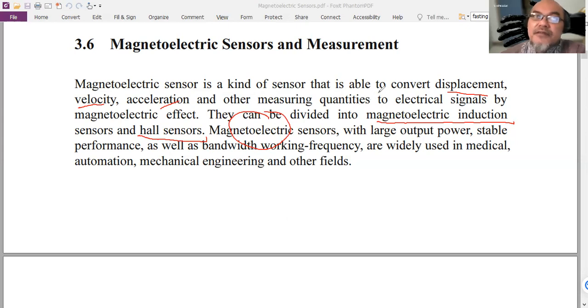For example, there is the electrocardiograph, and there is also the magnetocardiograph, MCG. In that case, the magnetoelectric sensor is used to convert the changes of magnetic field into electricity.